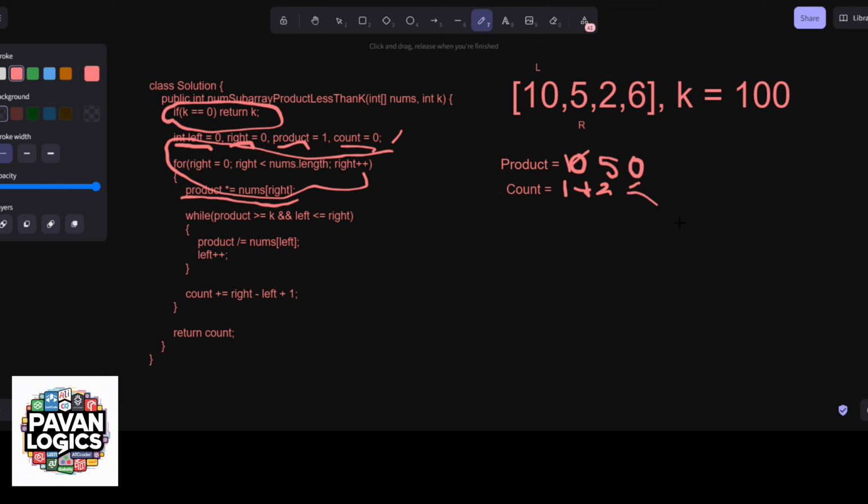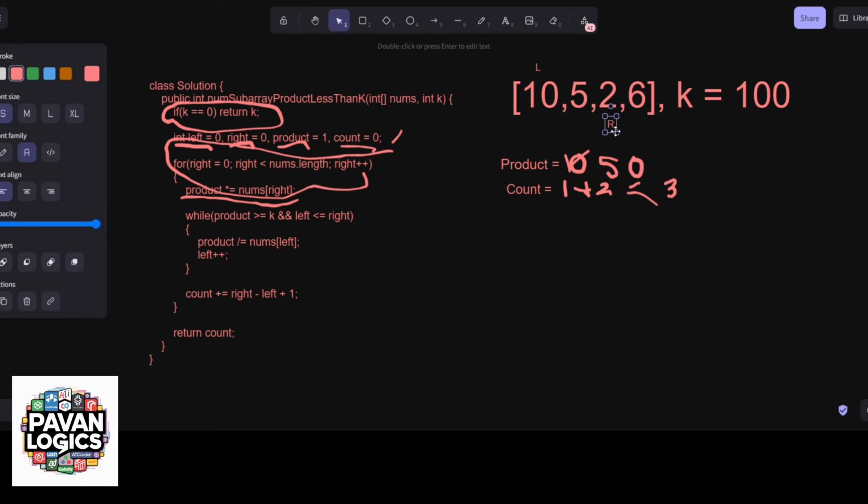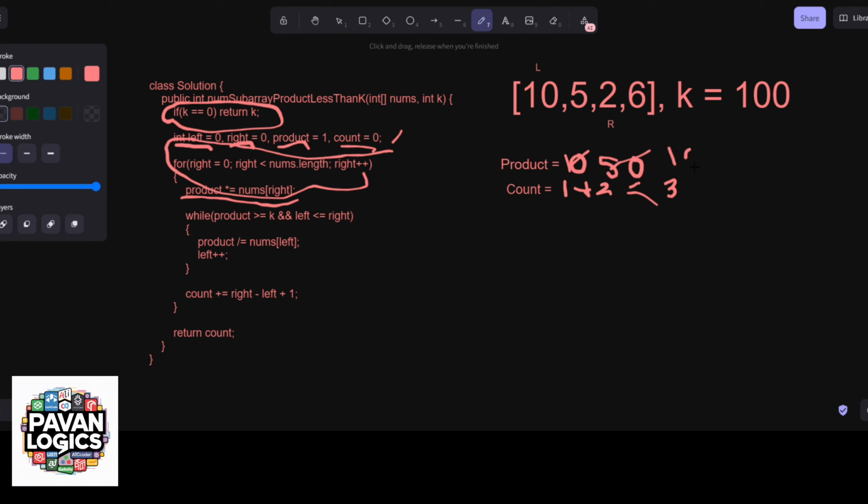So it will be 3. Then right will increment to the second index. The product will become 100 because 50 times 2 is 100. Now is our product greater than or equal to k?